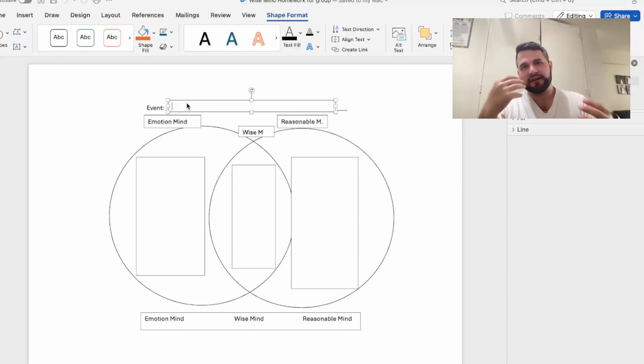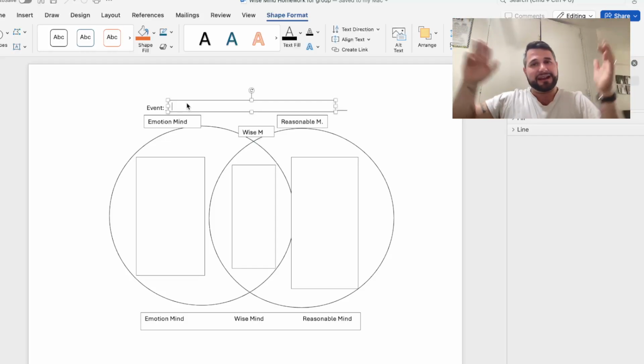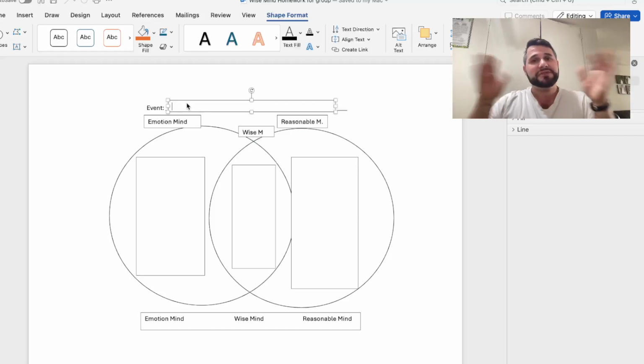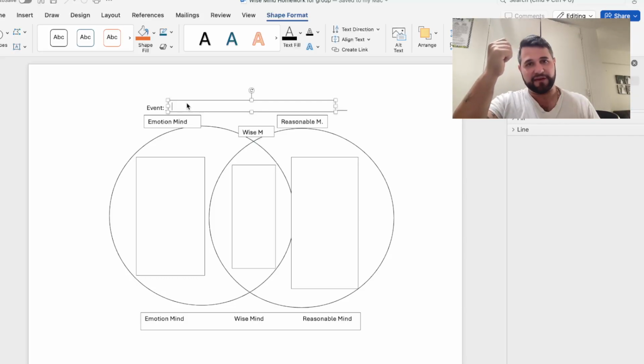And I'm very, very sensitive to touch, especially when I'm tired and I'm not in the mood. It's like electricity. Ah! And I didn't do that, but I said, can you stop? That just came out of me. Emotion mind broke through, right? And so that's our event.